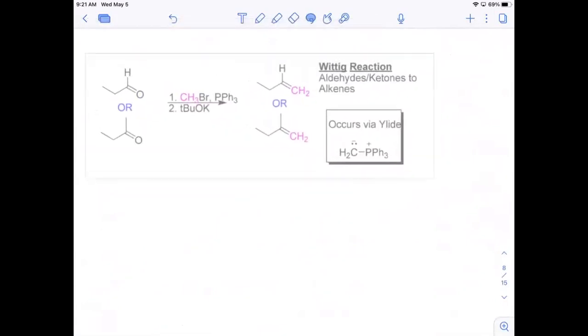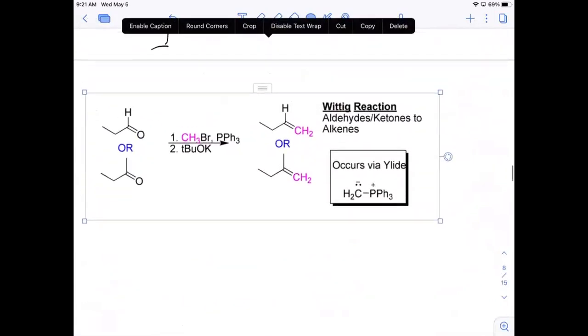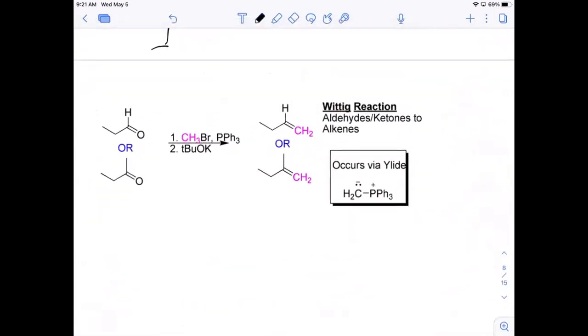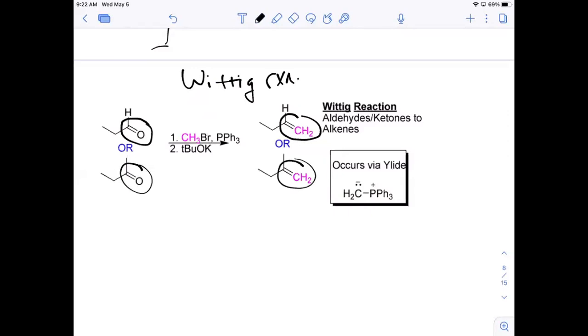All right, so the next reaction of a carbonyl that we'll talk about is the Wittig reaction. This reaction is the conversion of a carbonyl into an alkene. So you can see that the carbonyl right here got converted into an alkene.